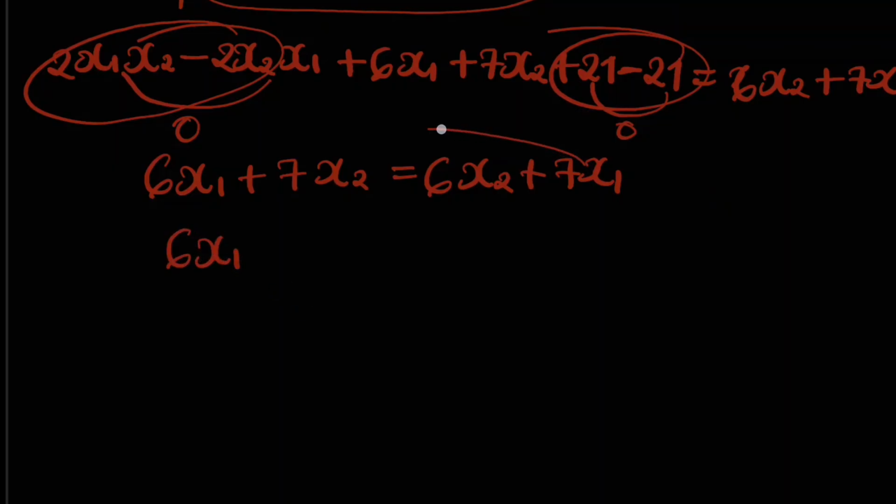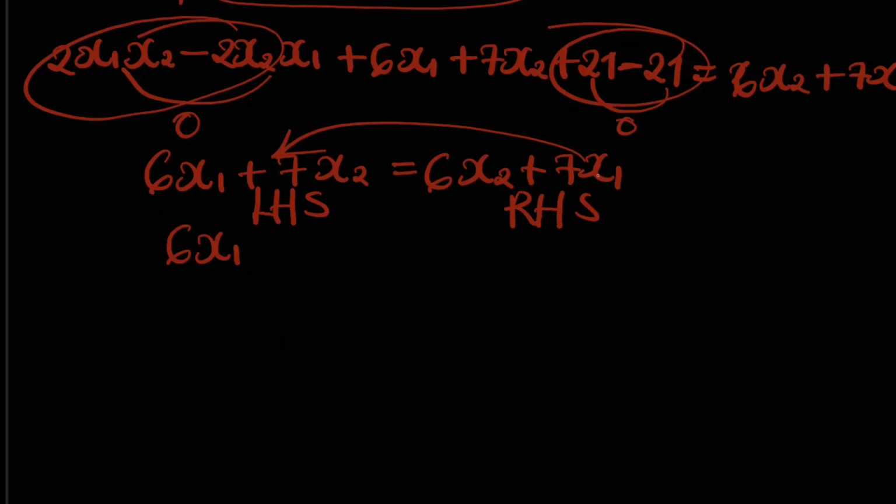6x1. We send this way. We take all the terms with x1 to the left hand side, and we take all the terms with x2 to the right hand side. So all x1 left hand side. So we have this 7x1 over the equal to sign, its own sign changes.